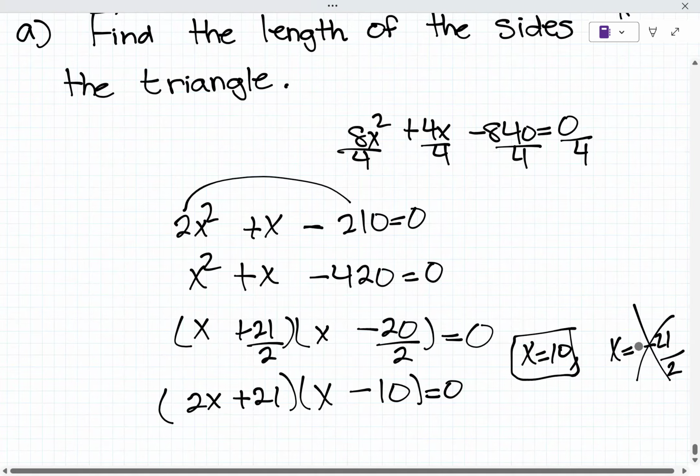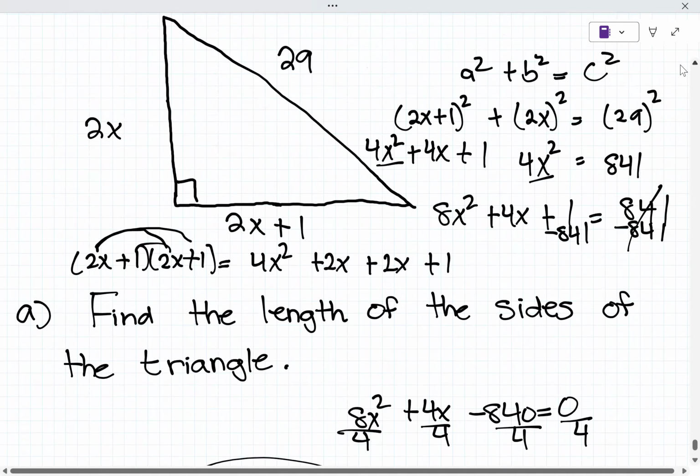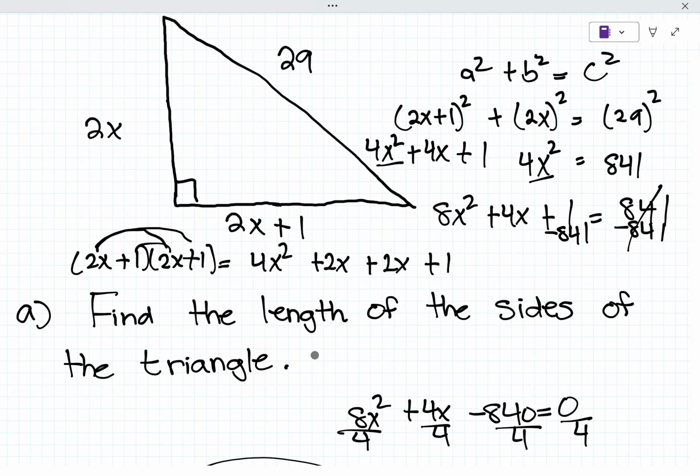Now, is this our final answer? No, because the direction says find the lengths of the sides of the triangle. We only found x, right? So go ahead and plug 10 in for your x. So what was our length? One of my lengths was 2x plus 1, so it would be 2 times 10 plus 1, so that would be 20 plus 1, 21.